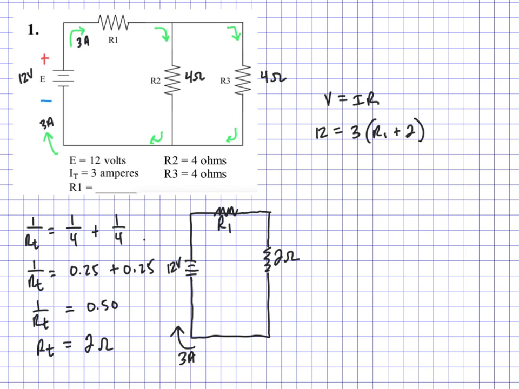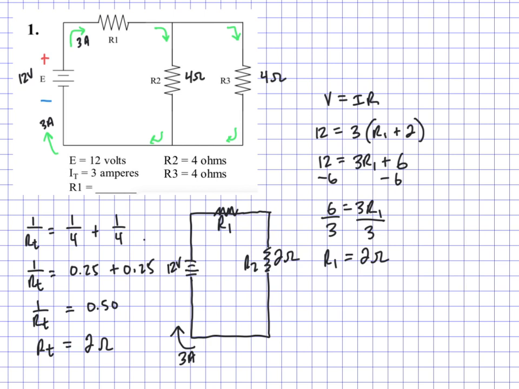We add them together in series. And so 12 is now equal to 3 times R1, which is 3R1, plus 3 times 2, which is 6. We would subtract the 6 and end up with 6 is equal to 3R1. Divide both sides by 3, and R1 is equal to 2 ohms.